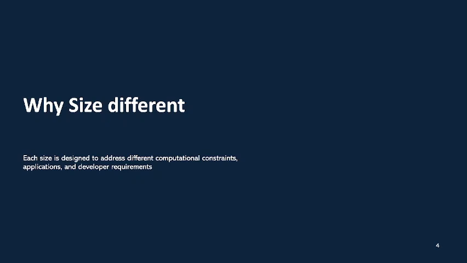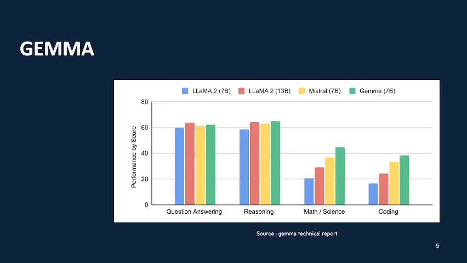So why is the size different? The size is also different for computational constraints, application, and developer requirements. If we do not have the number of GPUs or TPUs, how can we run this model? We definitely use the 2 billion parameter Gemma.